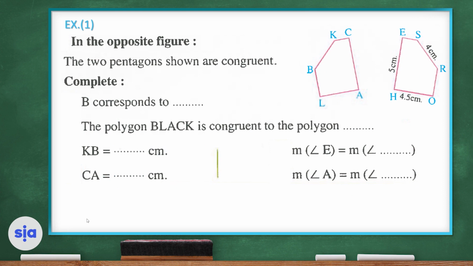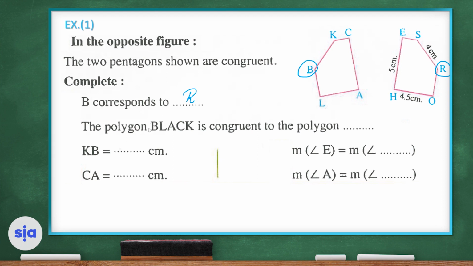Exercise number 1. In the opposite figure, if the two polygons shown are congruent, then B corresponds to what? If you check here in the graph, you will see that B, its corresponding angle is R. So B corresponds to R. The polygon BLACK is congruent to what polygon?